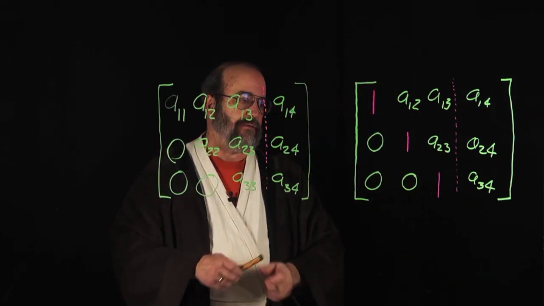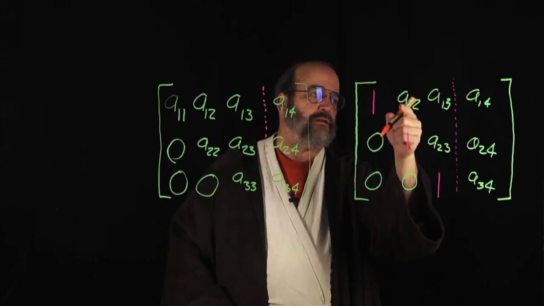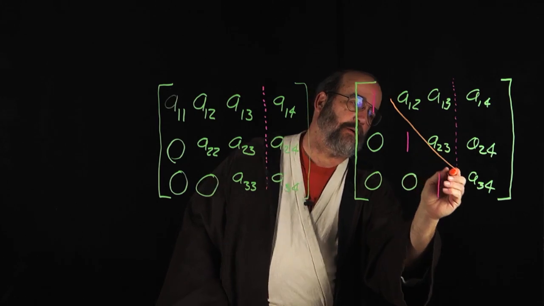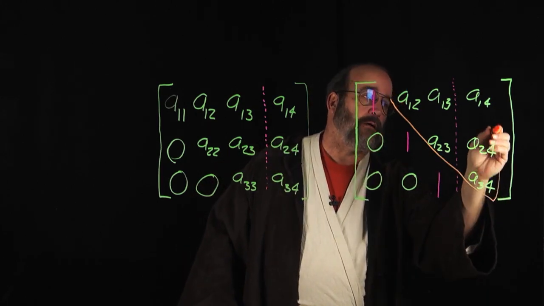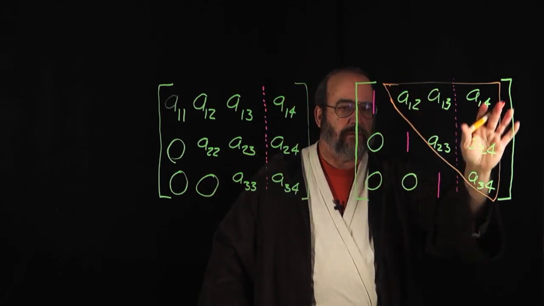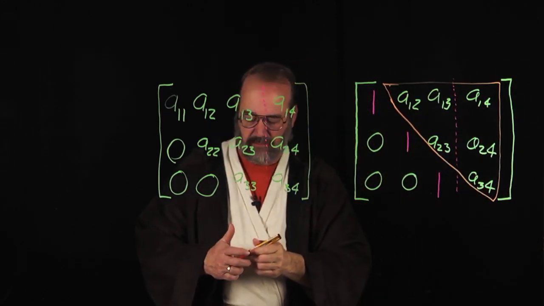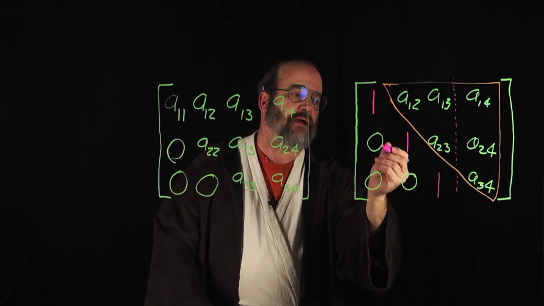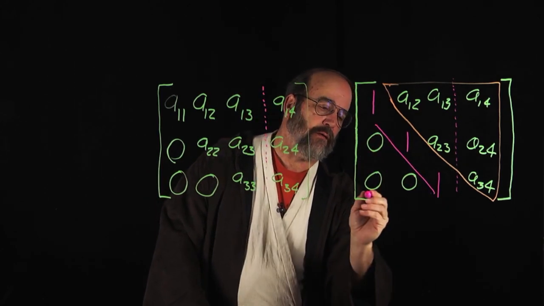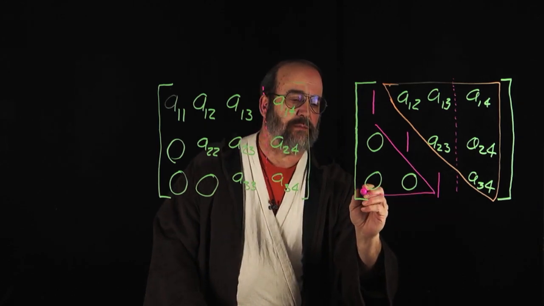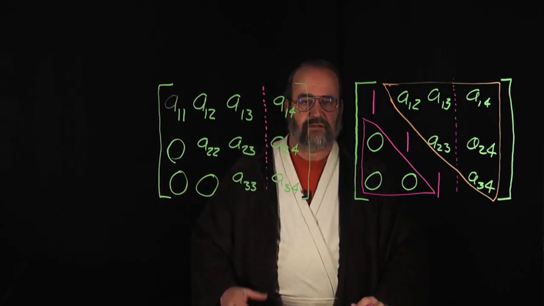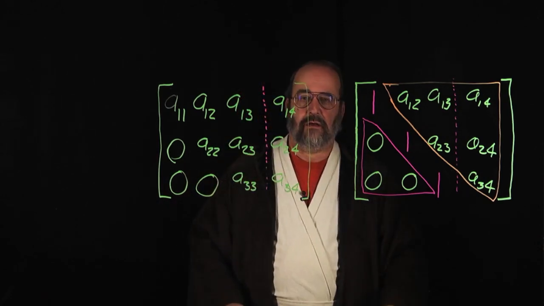Remember, these all represent numbers, but here's our upper triangular form where all the numbers fall into this triangle. And here's the triangle of all the zeros. This is what we're trying to get to by manipulating the matrix, and from this we will be able to solve that system of equations.